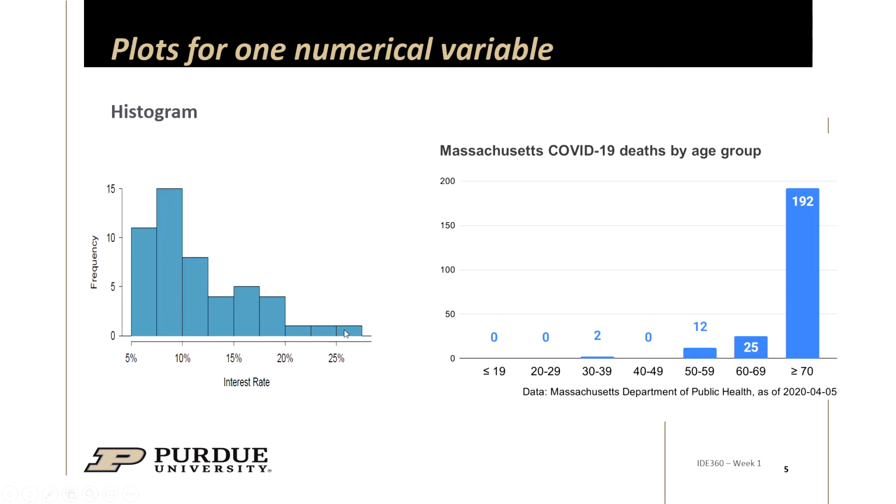On the other hand, we have the plot on the right, the Massachusetts COVID-19 cases by age group. You do the same thing, right? You have the information about age, and then you check the frequency of those events. In this case, the bins are created based on the age spans that we consider.